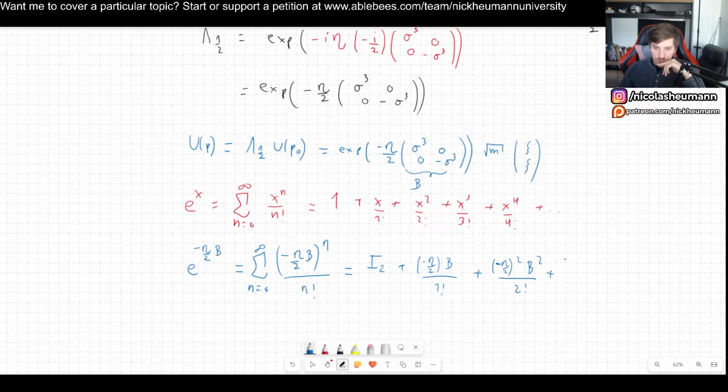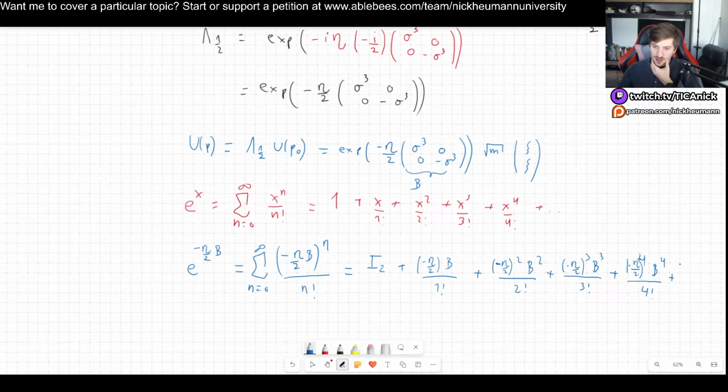Now we get it cubed, so minus eta over 2 cubed B cubed over 3 factorial. Now we get it to the 4th power, so minus eta over 2 to the 4th B to the 4th divided by 4 factorial.